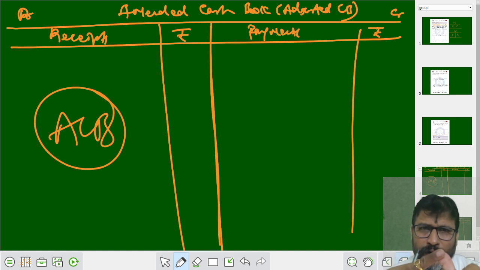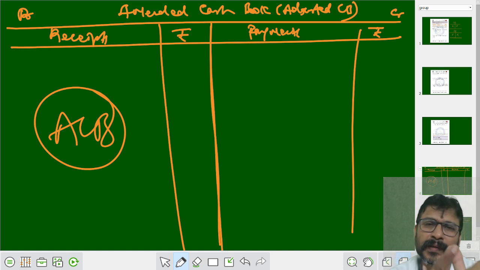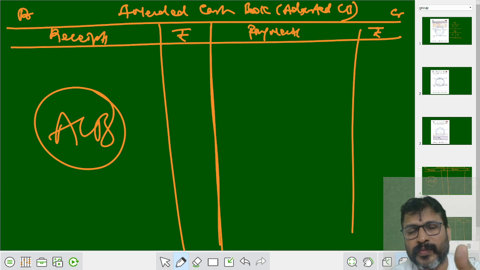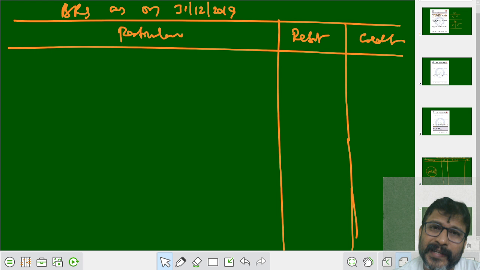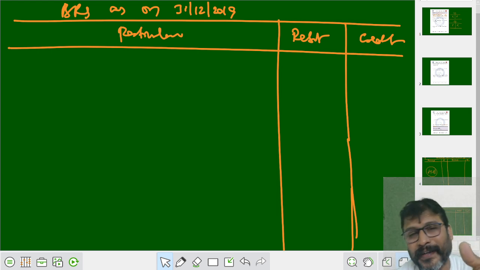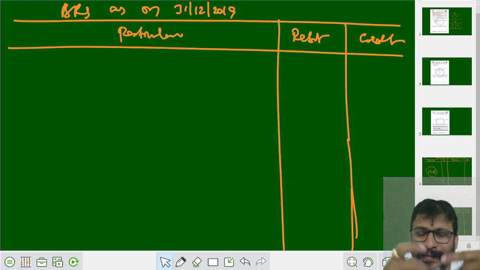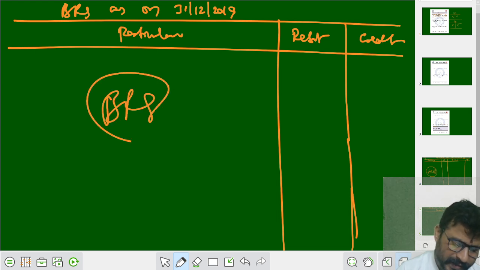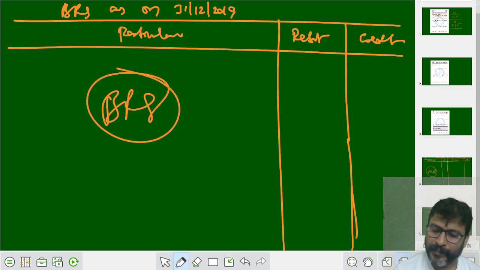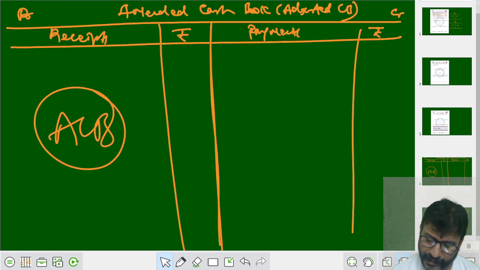Entries which are not recorded in the cash book, and mistakes which are committed in the cash book, are to be recorded in ACB. Entries which are not recorded in the passbook, and mistakes committed in the passbook, sometimes entries recorded in the passbook on the wrong side also, that is called a mistake, those are to be treated in what? BRS. Am I right? Fine. Shall we move on to the solution, my dear kids?